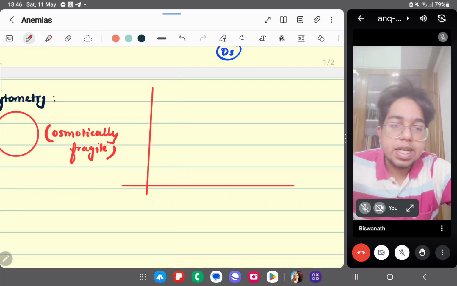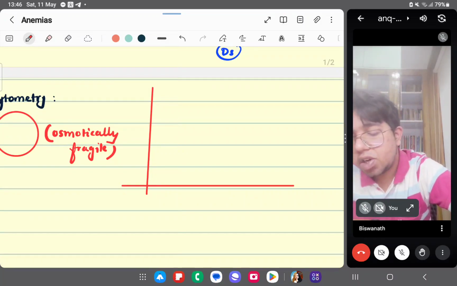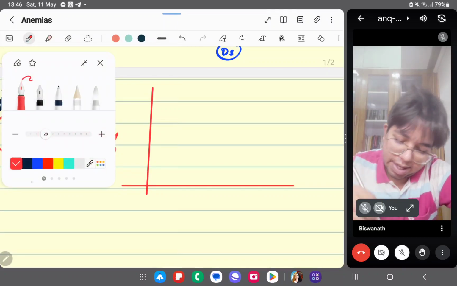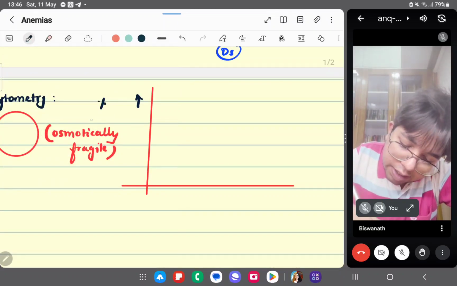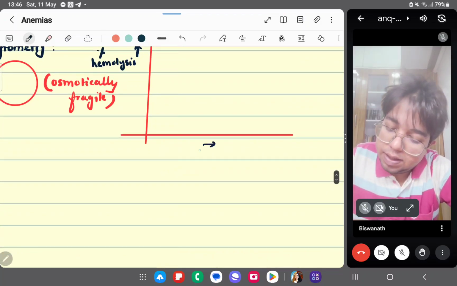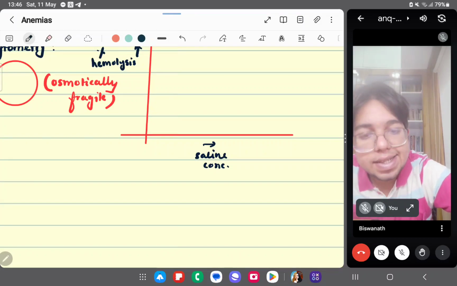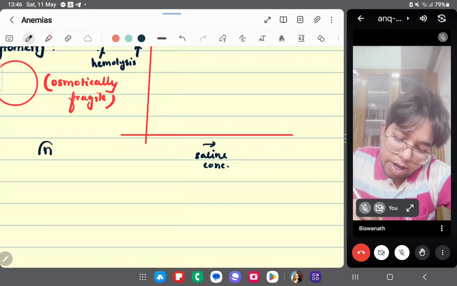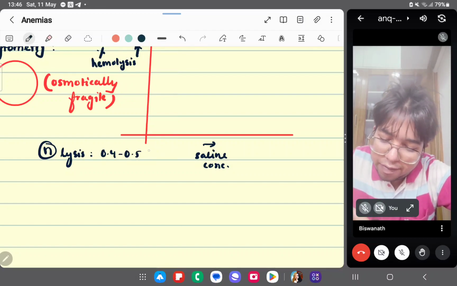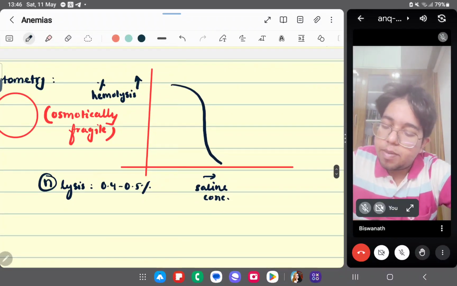We'll take saline concentration on this axis and percentage of hemolysis on the y-axis, right? So this is the percentage hemolysis, and this is the saline concentration. Normal lysis occurs at 0.4 to 0.5% saline concentration, right? So let's say this is the normal lysis.